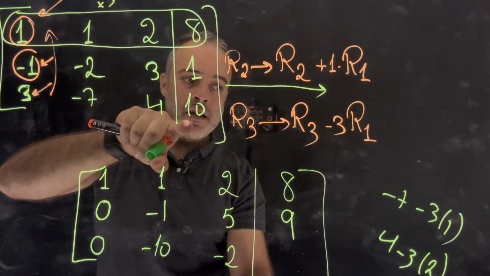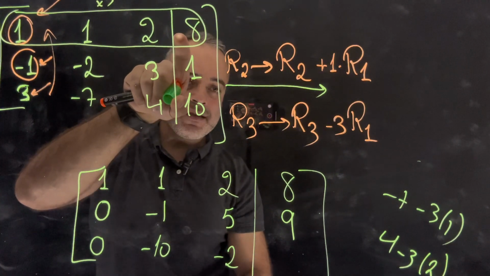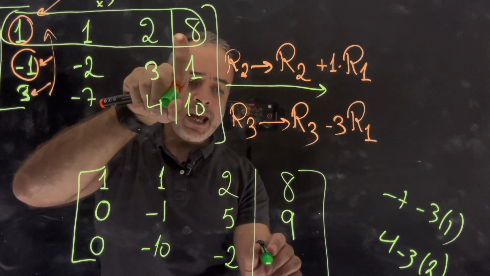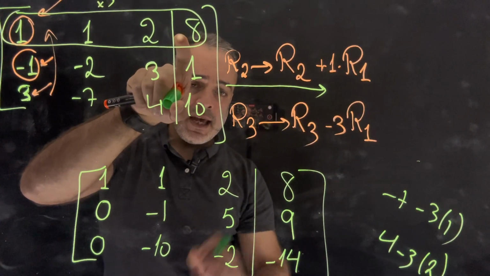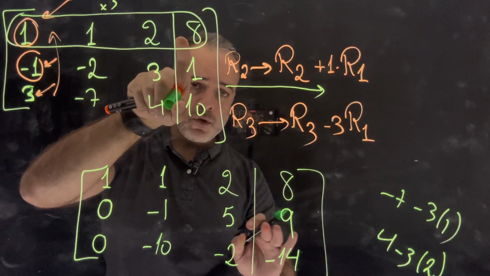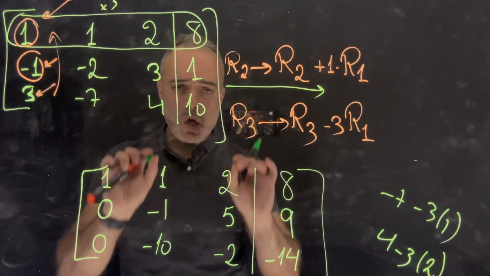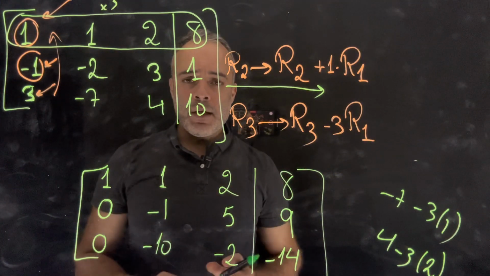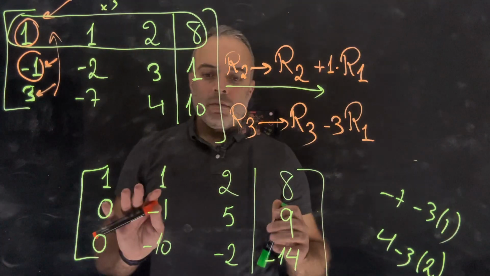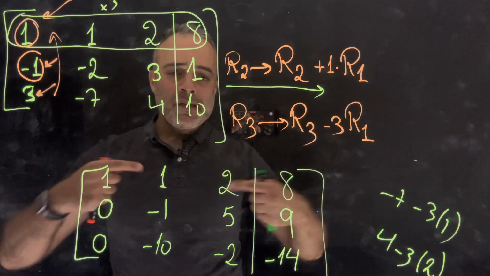And 10 minus 3 times 8, that is 10 minus 24, and it's a -14. And here we have to be very careful while we're doing calculations. We have to do all the calculations slowly and carefully in order not to make any mistakes.